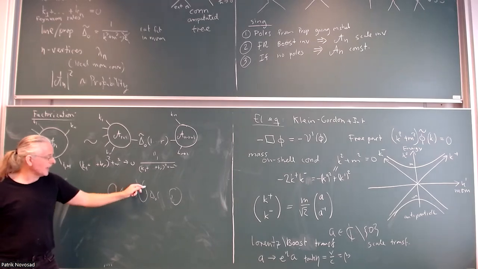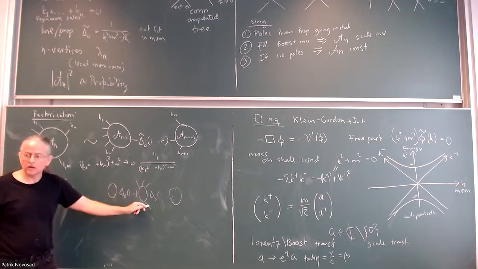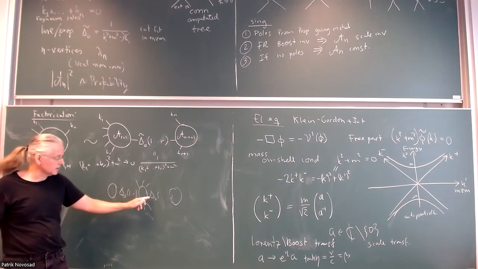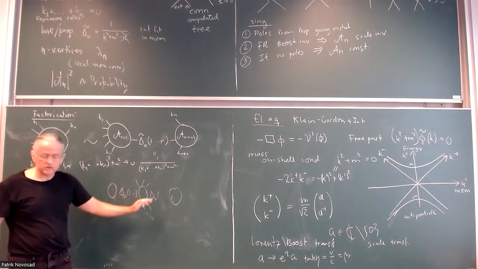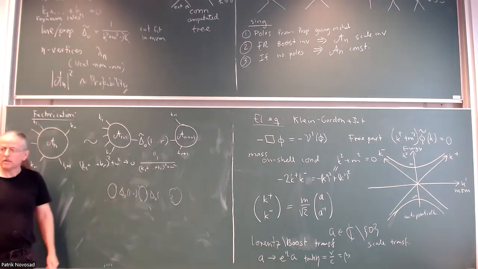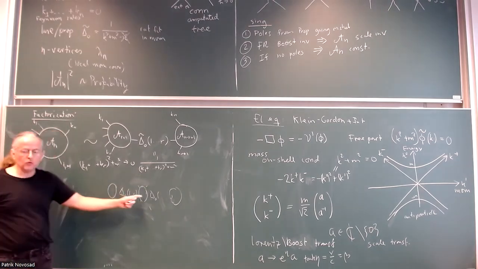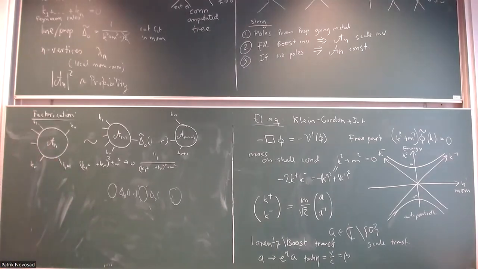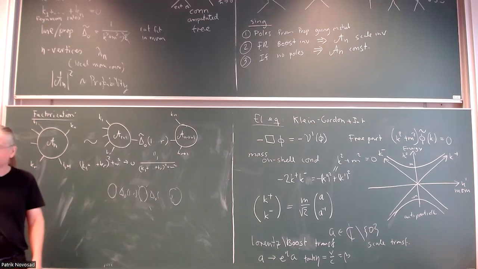But there will be additional lines here, and we cannot allow these lines because then it would change. There will be another one over here. So we will not allow this, and then it has to be a loop, and we don't allow that. Good question. That cannot happen. Thanks.